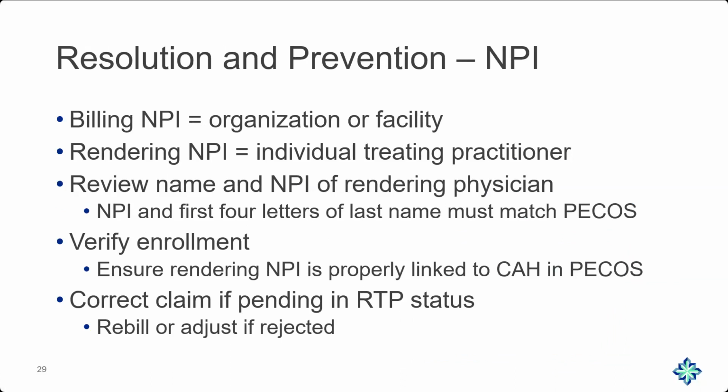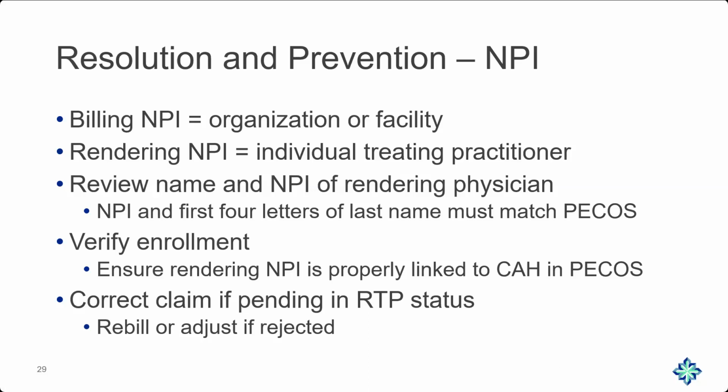To resolve and prevent this edit, review the name and NPI of the rendering physician that's entered on the claim. The NPI and the first 4 letters of the physician's last name have to match exactly what's on file in PECOS, which is the Provider Enrollment Chain and Ownership System, which is the online system for provider enrollment.